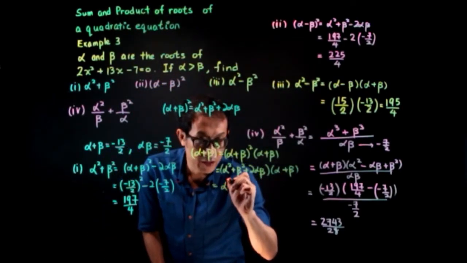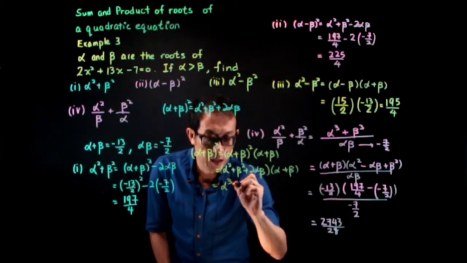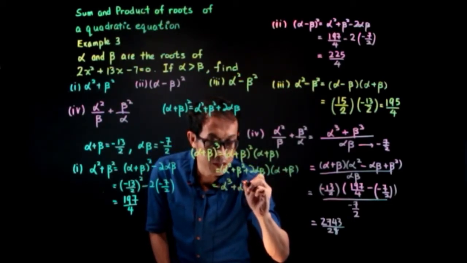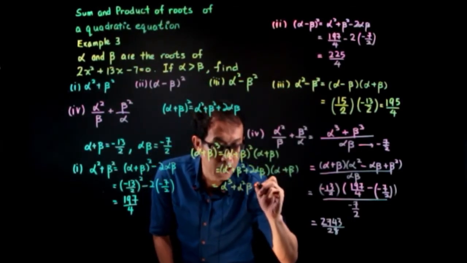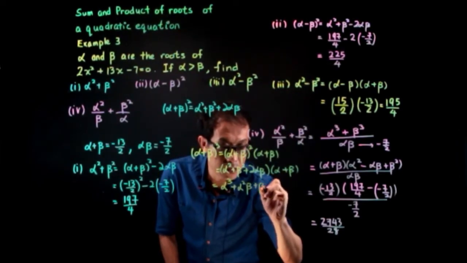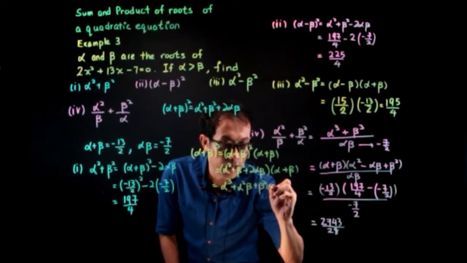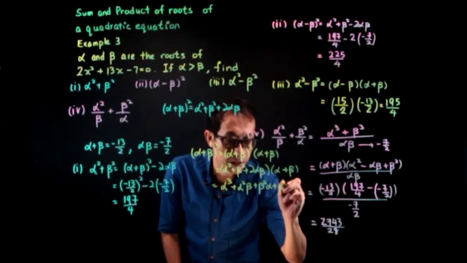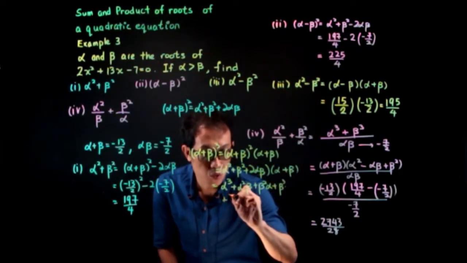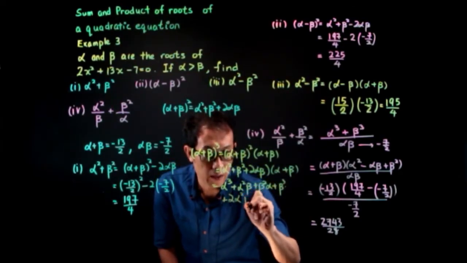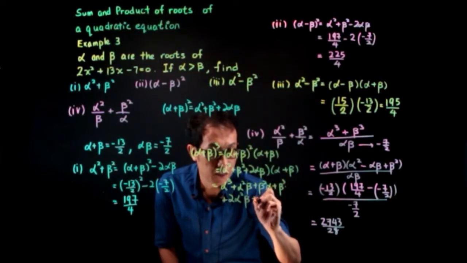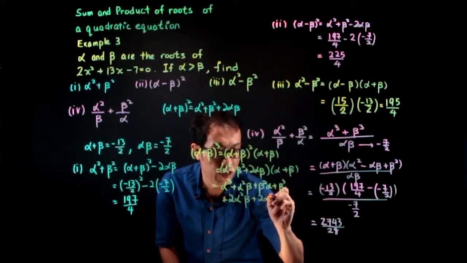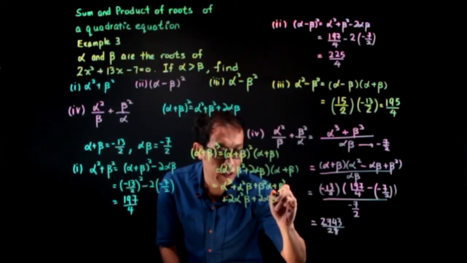So you got alpha cube plus alpha squared beta plus beta squared alpha plus beta cube plus 2 alpha squared beta plus 2 alpha beta squared.